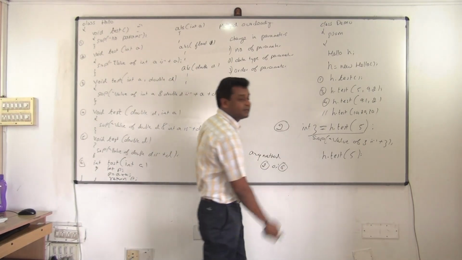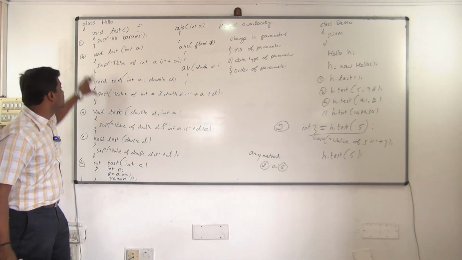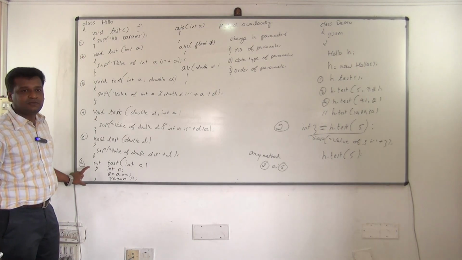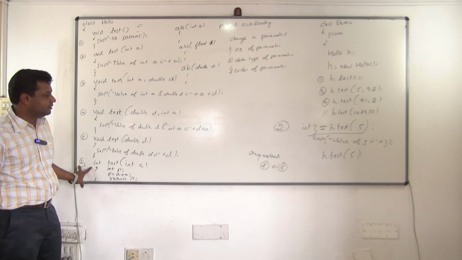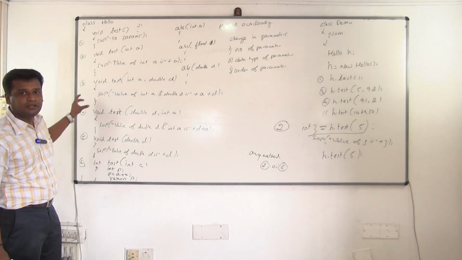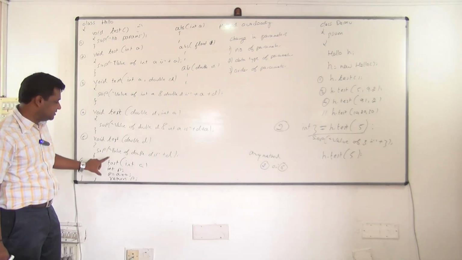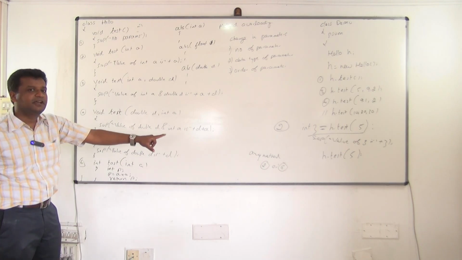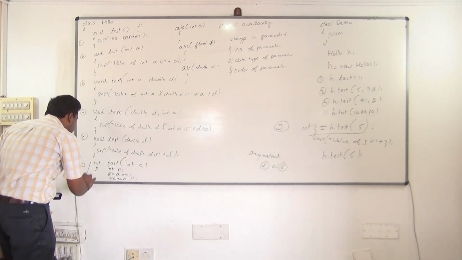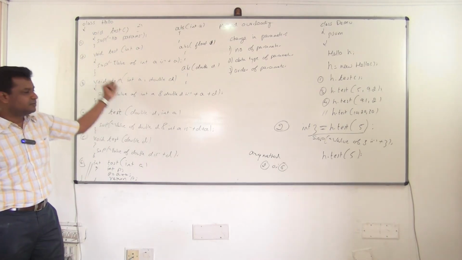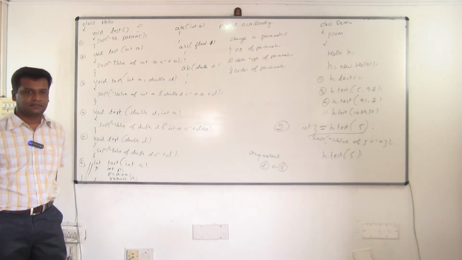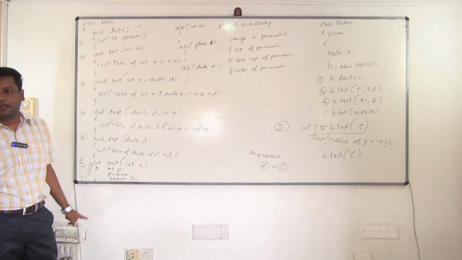But in the other case, you remove the second, the sixth one will execute, but it is returning a value and you are not accepting it. I will remove the sixth one. That time the second one executes, we are not accepting a value, still it executes. Anything can be removed. Are you following this?